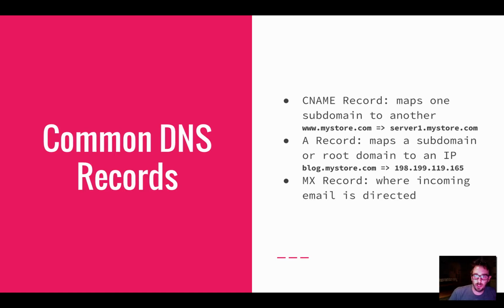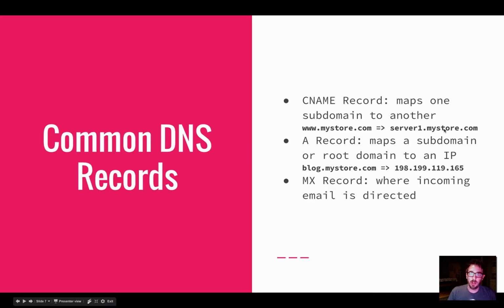So you can take, for example, www.mystore.com. Let's say you have an online store and you want the homepage to map to one of your servers you control, and maybe that server is called server1.mystore.com. You simply create a CNAME from the www to server1.